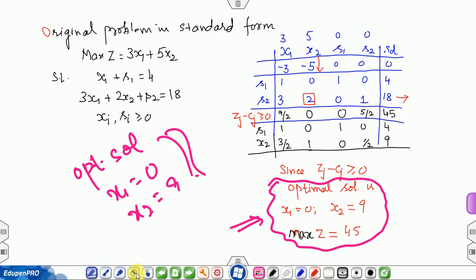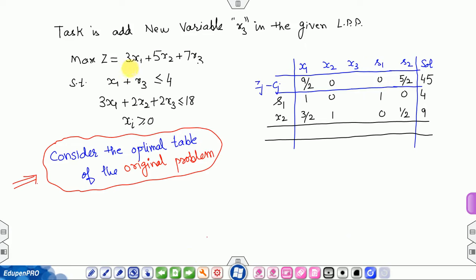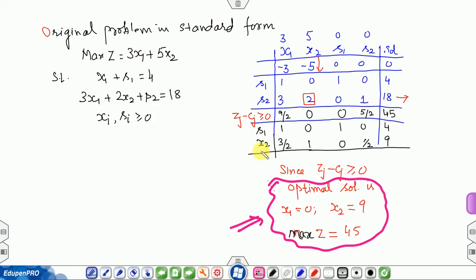Now what will happen if we add the new variable x3 into this given LPP? The new problem is like this. The first thing is to look at the last optimal table of the LPP.